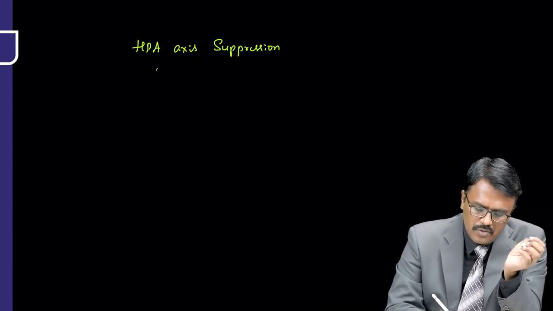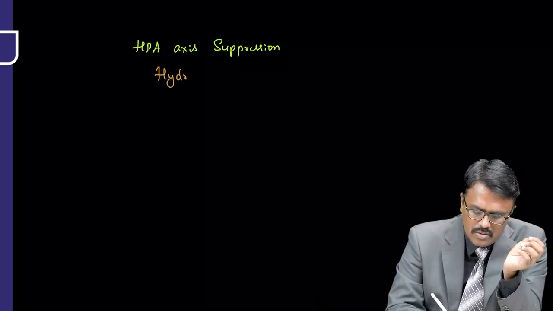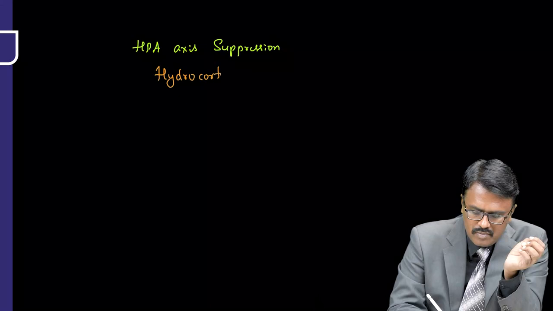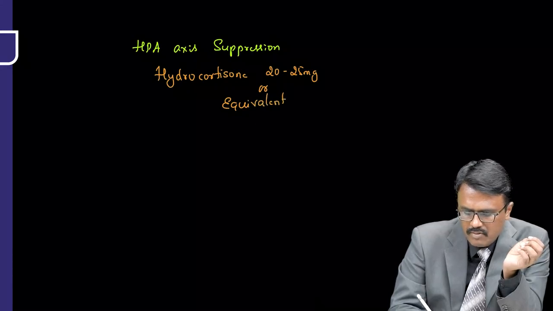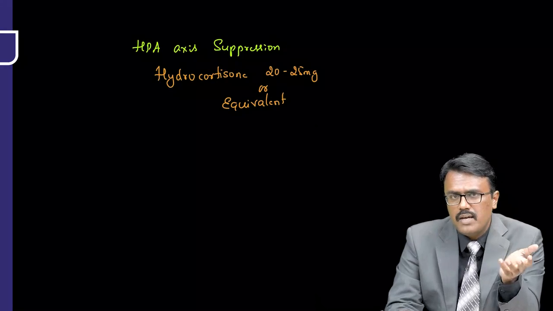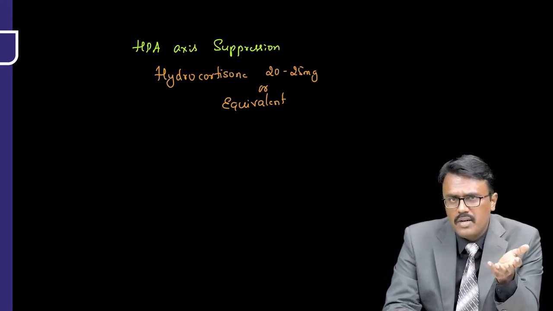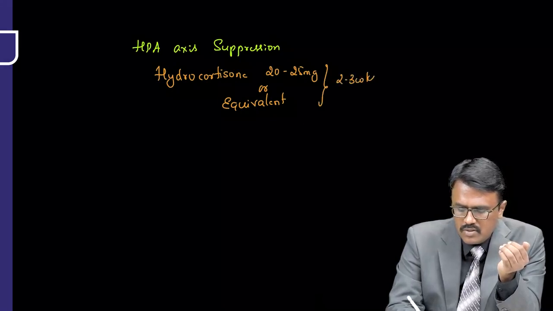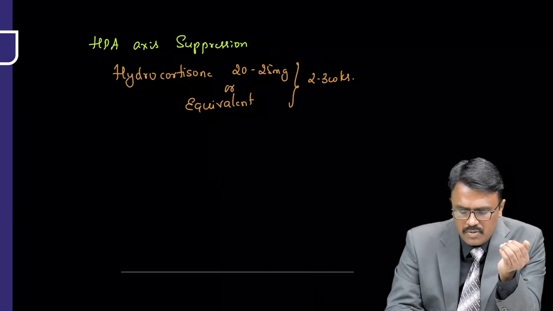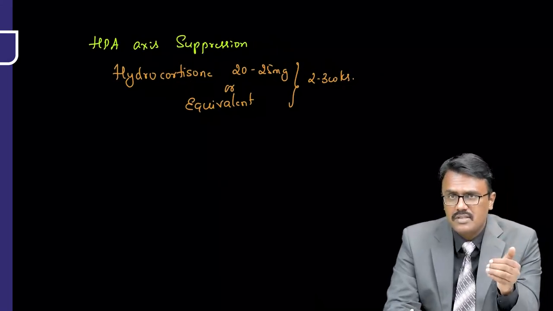If you are using steroid, for example hydrocortisone 20 to 25 milligram or the equivalent of this, I have told you the equivalent: prednisolone 5 milligram, methylprednisolone 4 milligram. If you are using it for a minimum of 2 to 3 weeks, when you are using for this duration, there is a chance of this.